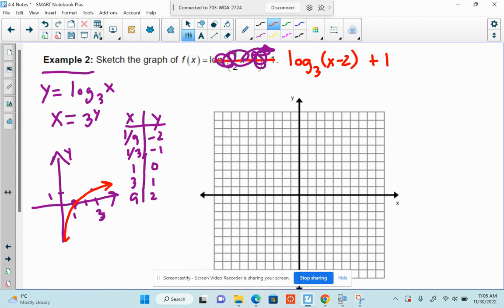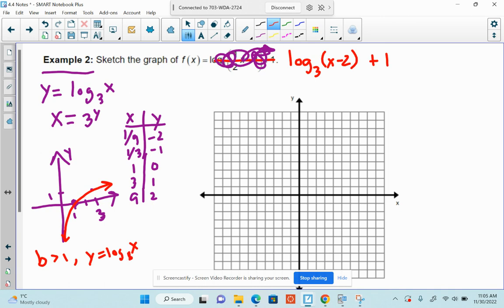And so we have this shape. If you look back at your 4.1 notes, we had this kind of shape for our logarithm functions when the base is bigger than 1. So if the base is greater than 1 on our logarithm, we're going to have this same basic shape, y equals the log of x base b.